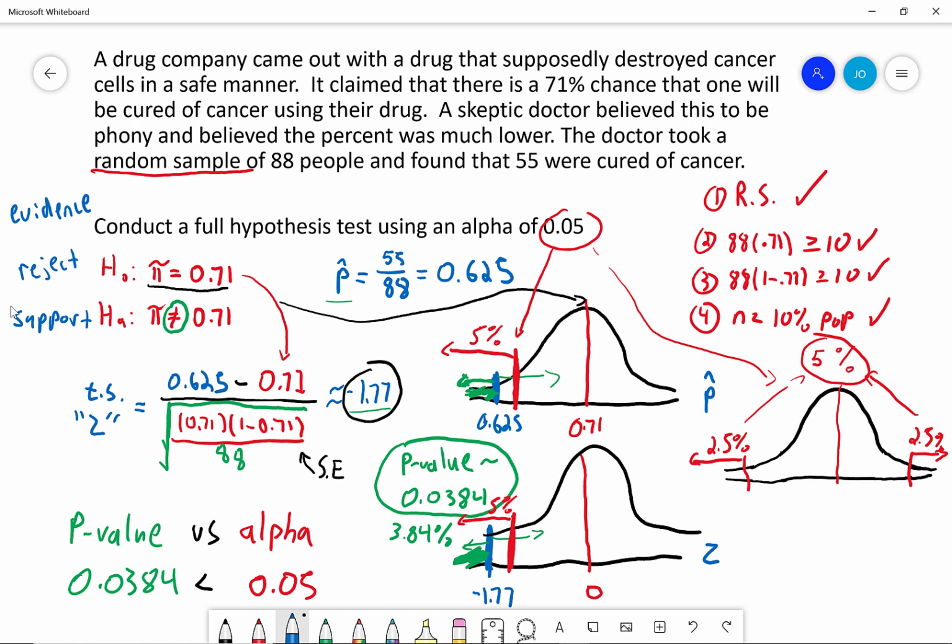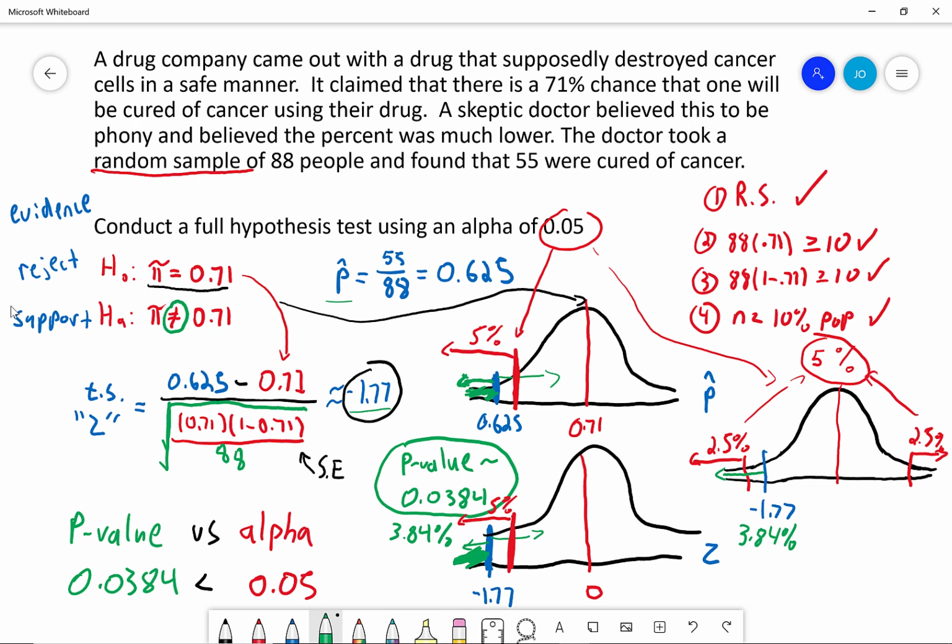Previously, we ended up with a test statistic of negative 1.77. And we found that all the area less than negative 1.77 is 3.84%. Notice our test statistic did not fall in that alpha created region.